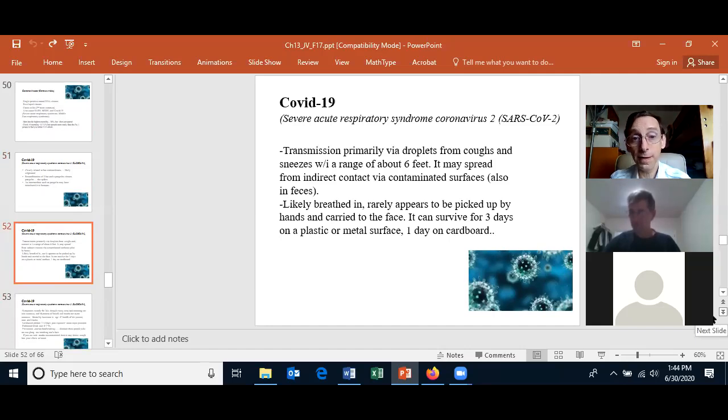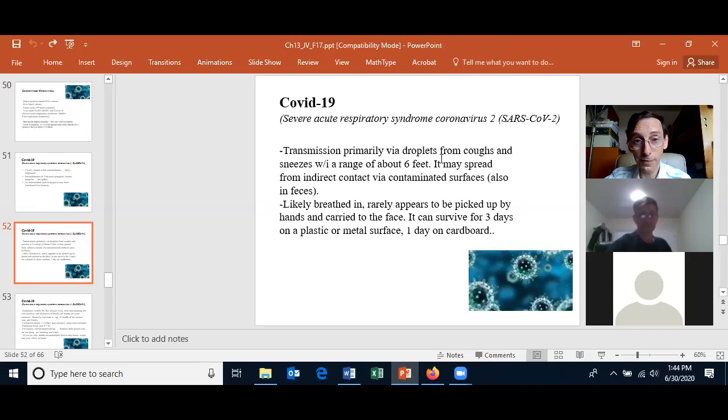Transmission of COVID-19 is mainly from droplets from coughing or sneezing or talking or singing from an infected person, and actually even from somebody just breathing. Very small droplets can come out of the person containing COVID-19.